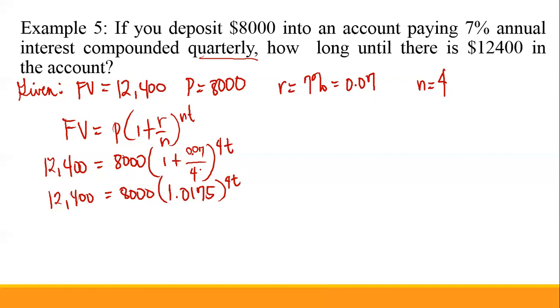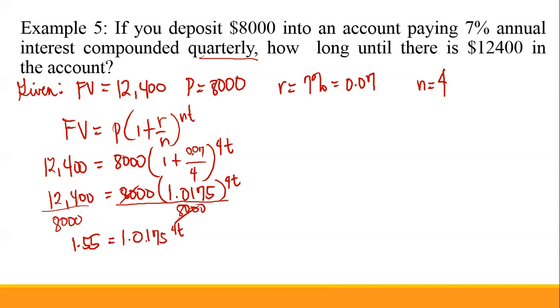So we use the order of operations to simplify the problem. Then divide each side by 8,000. Para matira ito, divide each side by 8,000. Mawawala na yan. So this is equal to 1.55 equals 1.0175 raised to 4t.